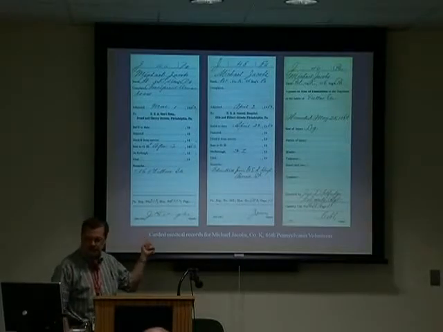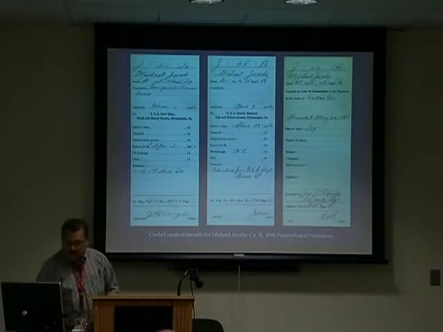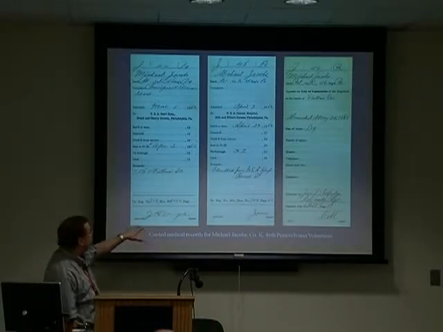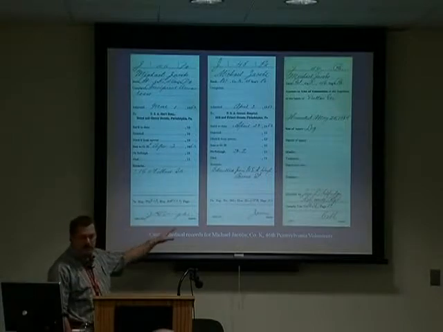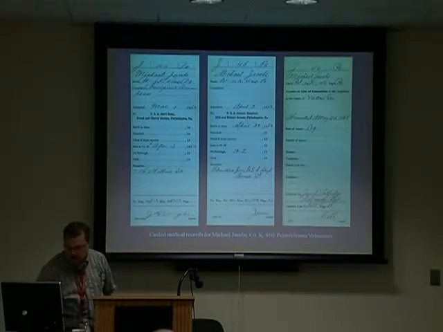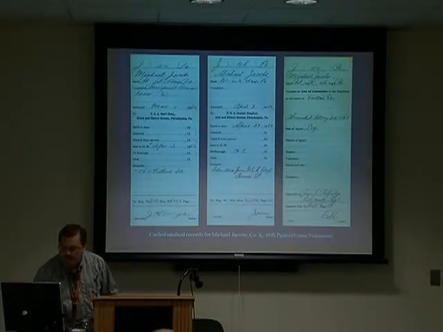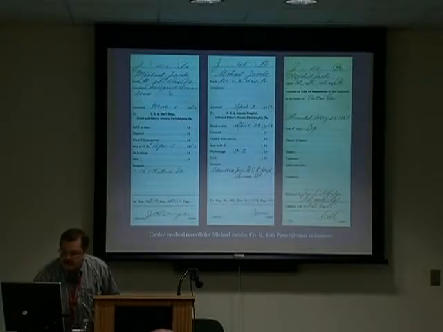This is for another one of my ancestors, Michael Jacobs. He's a great uncle. And the first two cards show that he spent some time in a military hospital convalescing. Up here it shows he was in for incipient amaurosis, if I can pronounce it.